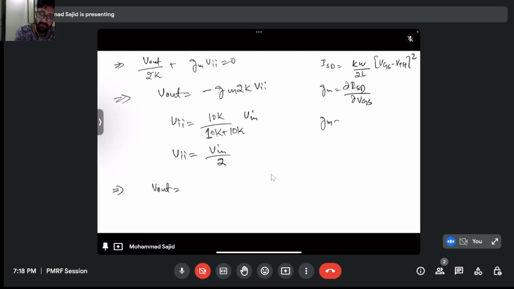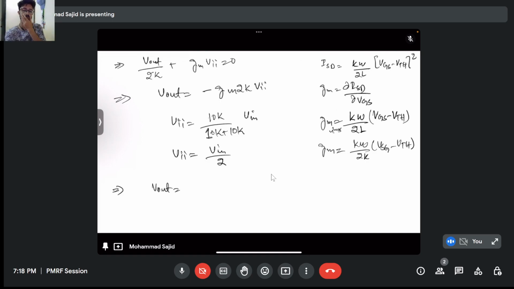So your GM will be by definition equivalent to K W by L (VGS minus VTH), for NMOS. For PMOS, it will be simply equal to K W by L (VSG minus |VTH|), right?